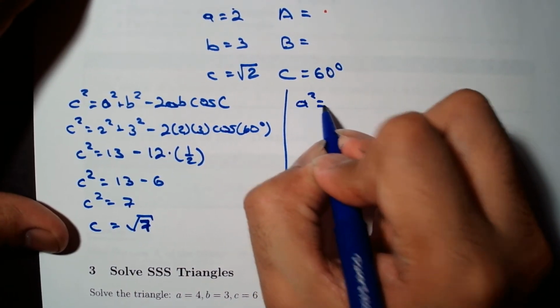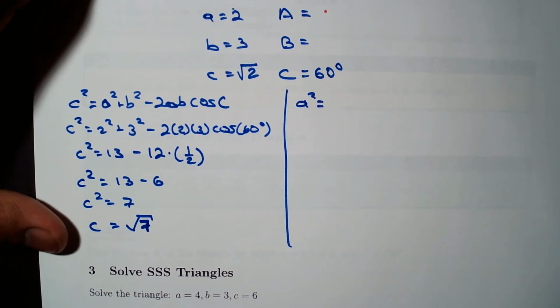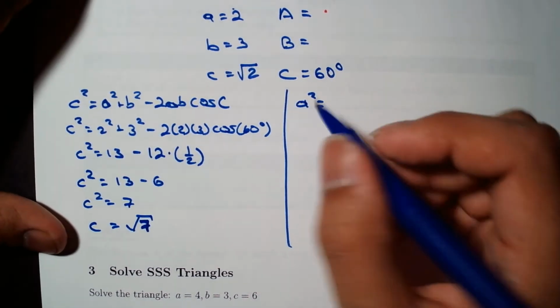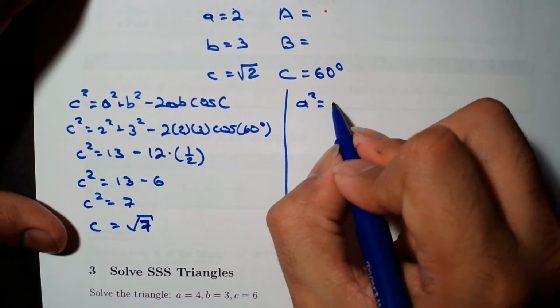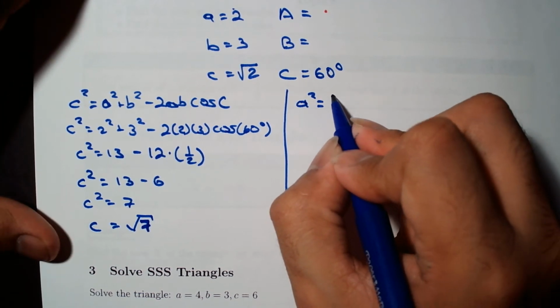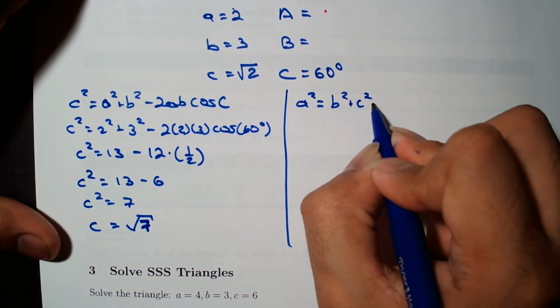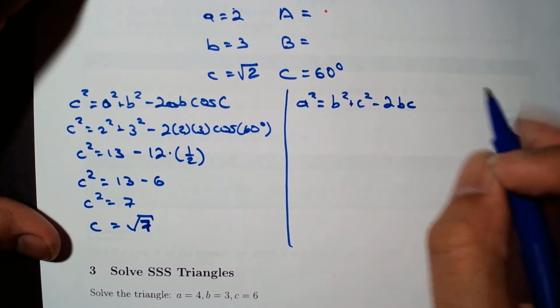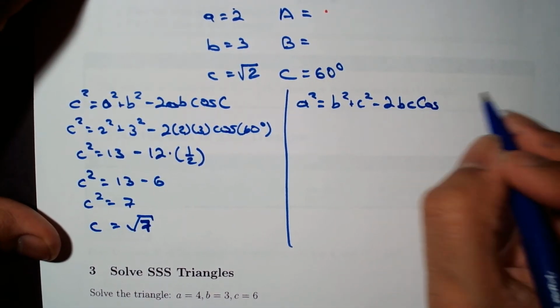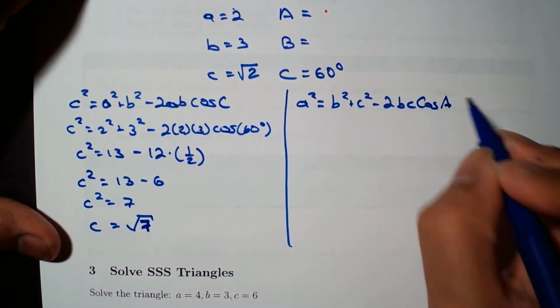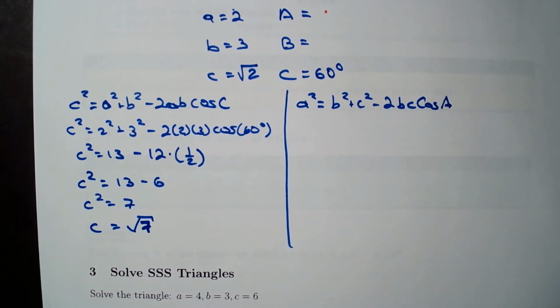A squared equals B squared plus C squared minus 2BC cosine A. All right.